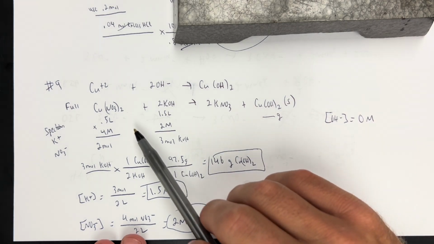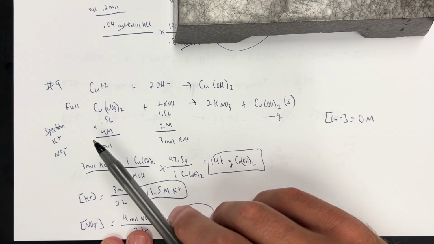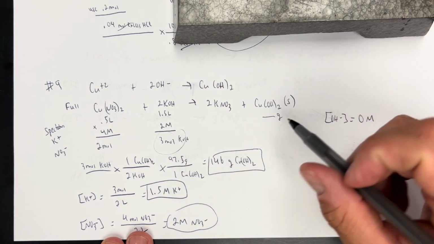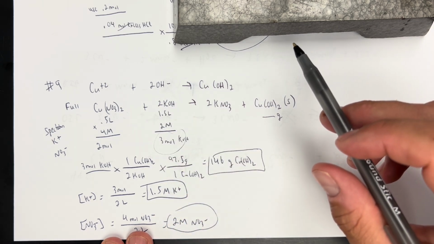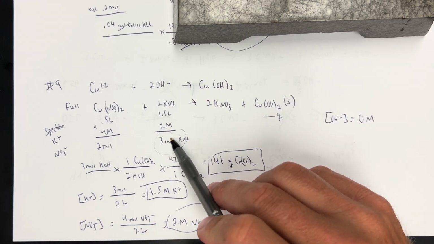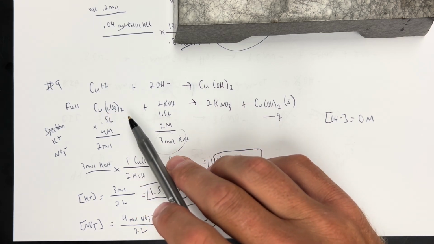And our copper ions. We need to figure out how many moles of copper ions are still floating around in solution. Well, we know we used 3 moles of this in a 2 to 1 ratio. So if we use 3 moles of this, we're going to use half of that amount.